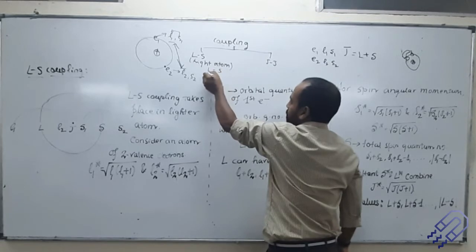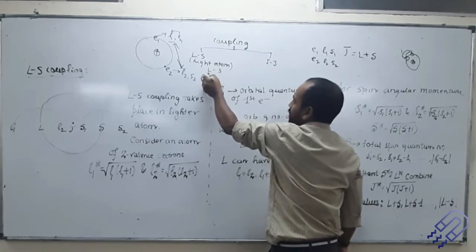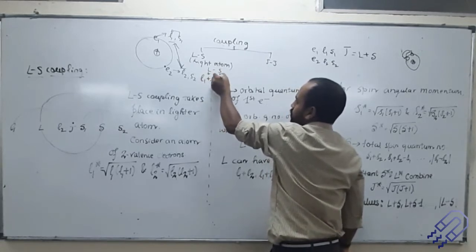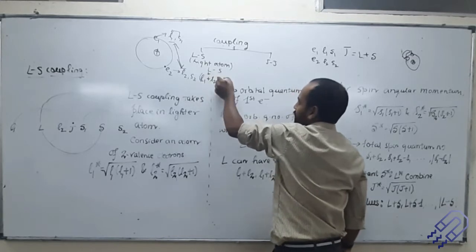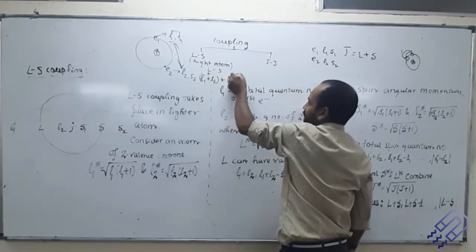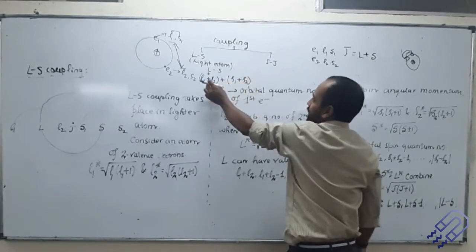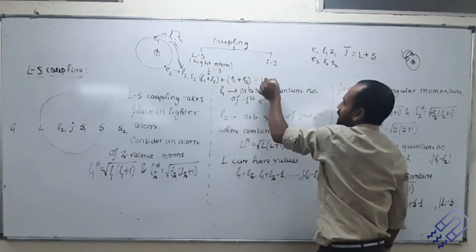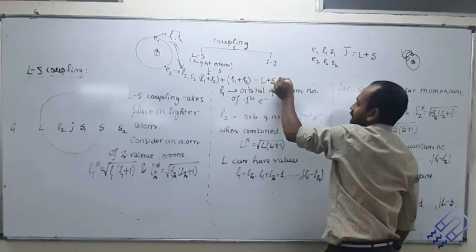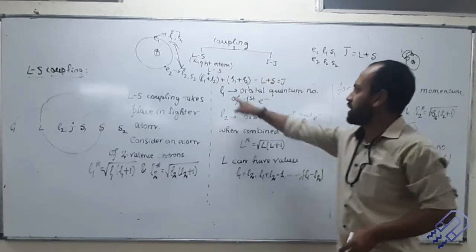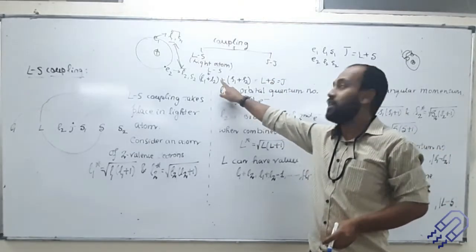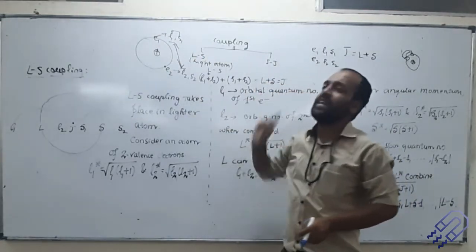LS. पहले वाले का L ले लिया L1, second one का L2, they will combine, the combined effect, and then I will have S1 from the first, S2 from the second, and they will combine, and this will give me the total L and the total S, and I will have the J value. Is it clear this part? ठीक है? ये होता है light atom पे.